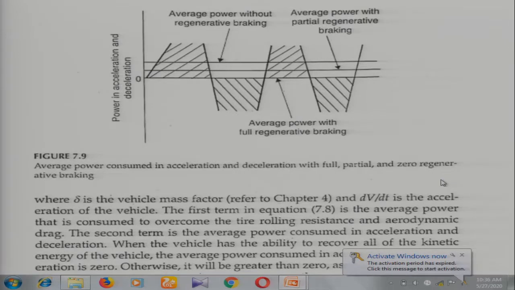That means average power becomes 0 with full regenerative braking.